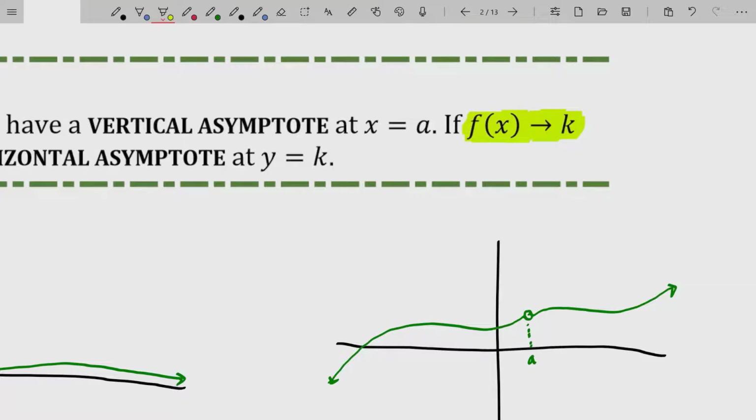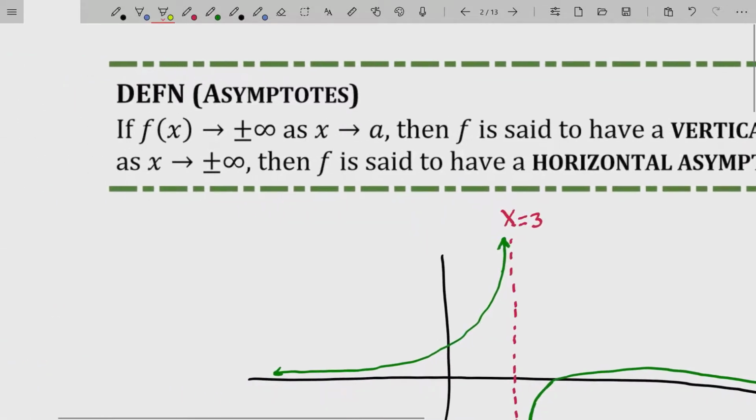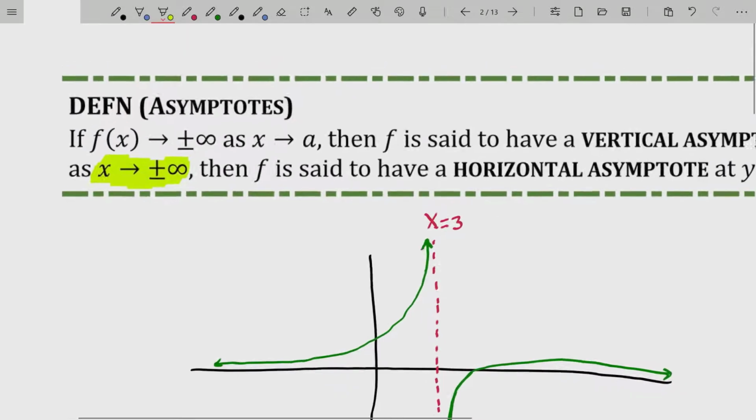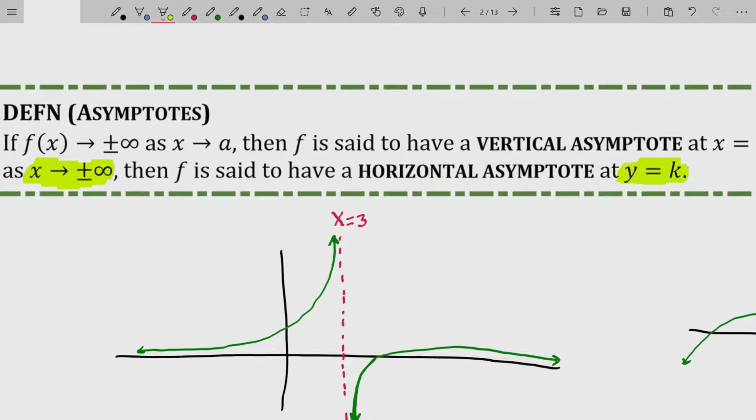So if our y values are approaching, that's what the arrow means, approaching some value of k, maybe 3 or 10 or something like that, as x goes to positive or negative infinity. So it could just be approaching the value of, let's say, 3 as x goes to positive infinity, but not as x goes to negative infinity. Then f is said to have a horizontal asymptote at y equals k.